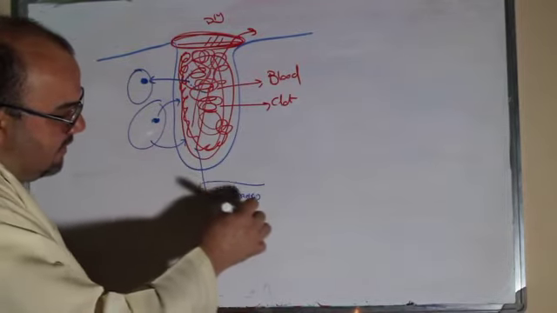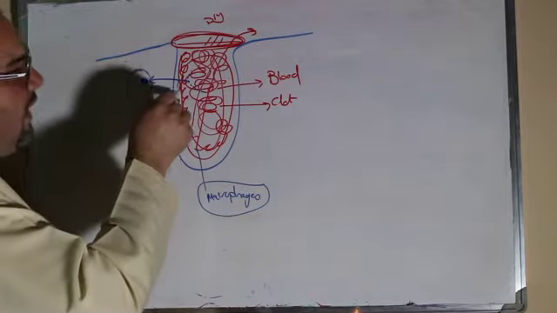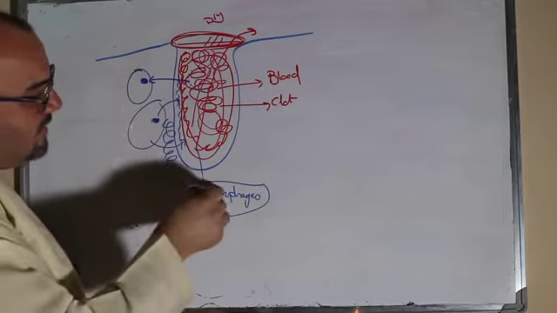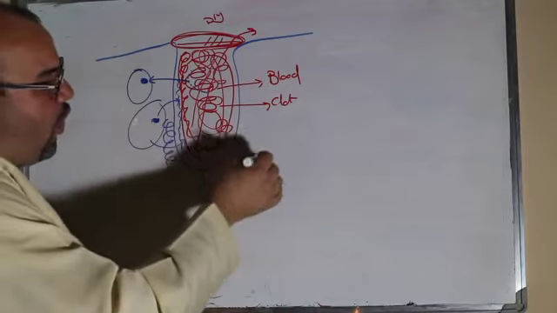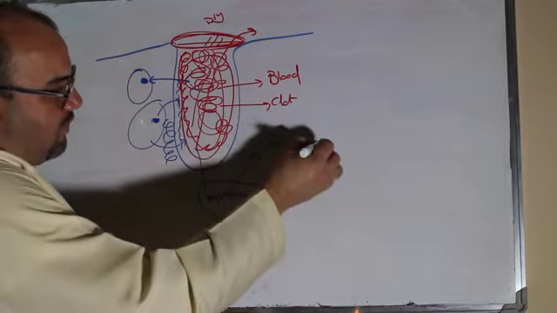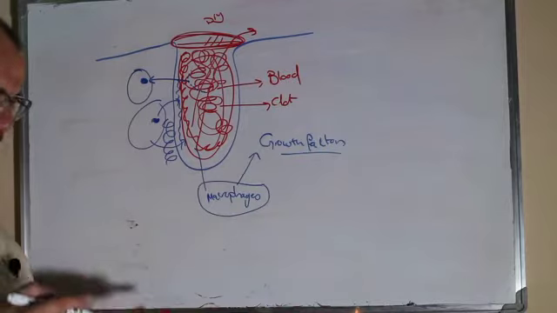And these macrophages will start to clean up this area, accumulate here, and send some growth hormones, growth factors. And remember this term in describing the progress of wound healing.